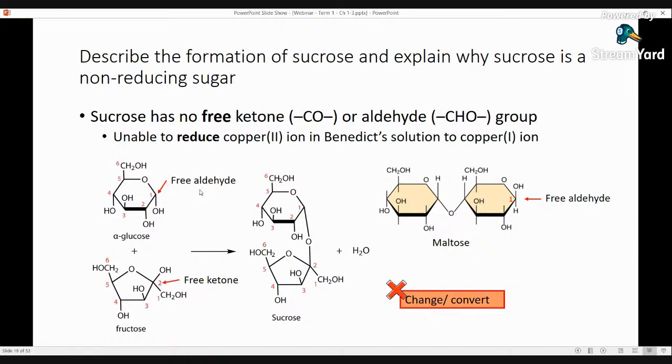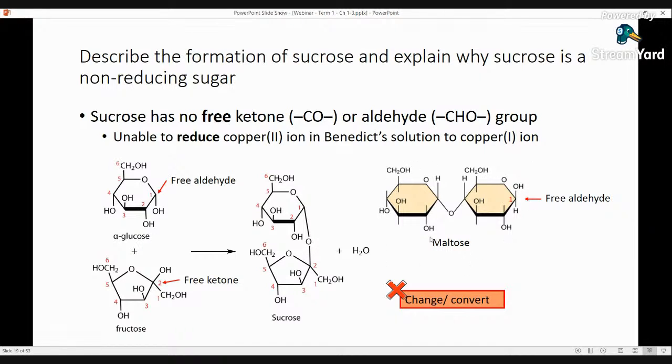Since the free aldehyde group and the free ketone group in the fructose are joined to form the alpha-1,2 glycosidic bond, there are no more free ketone or aldehyde groups. Therefore, sucrose is unable to reduce copper(II) ions in Benedict's solution to copper(I) ions.